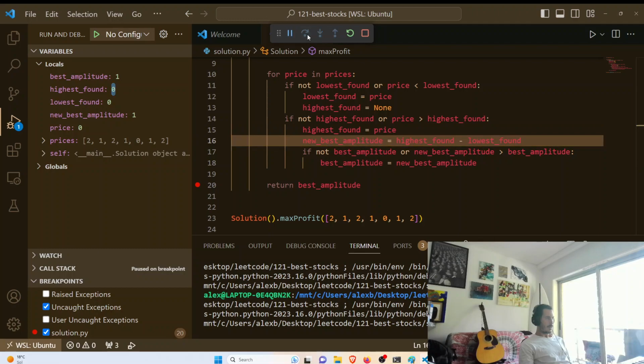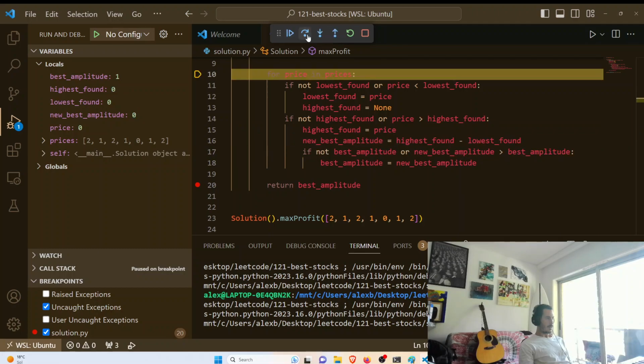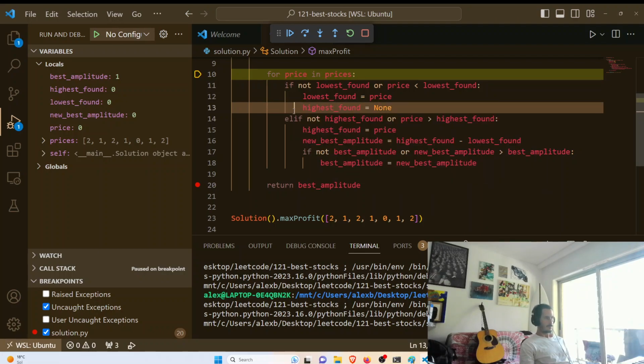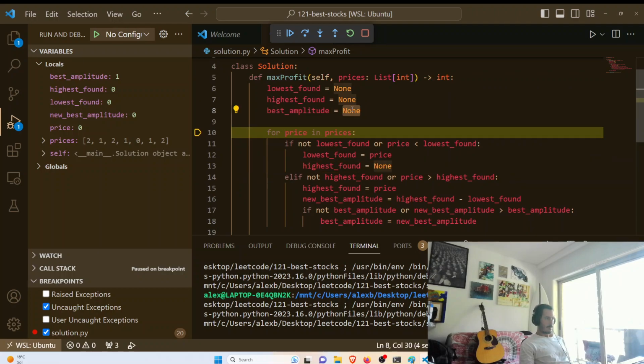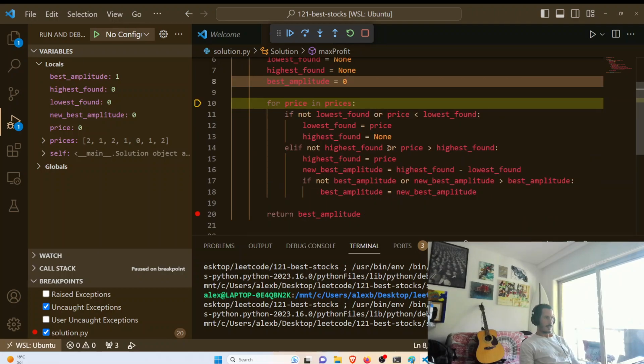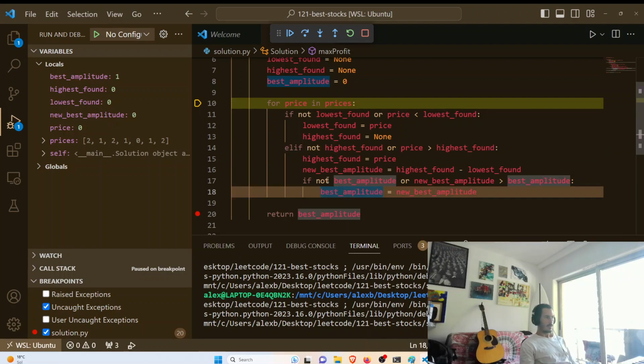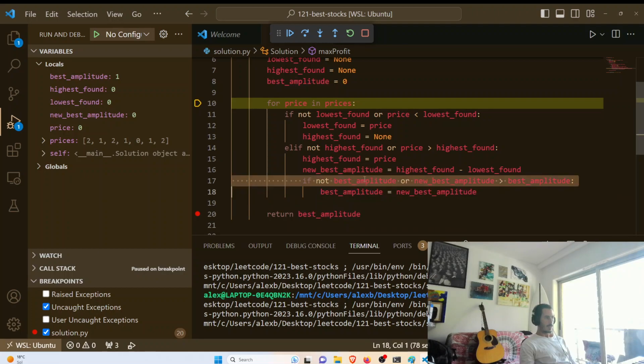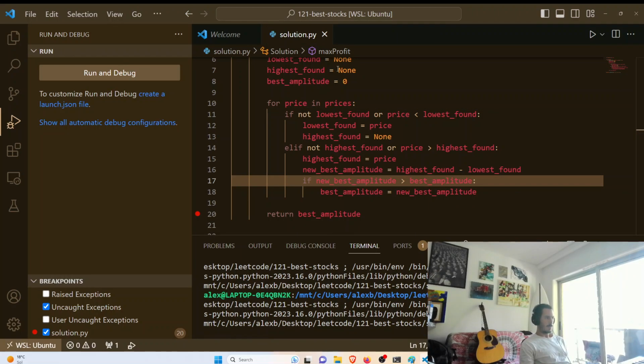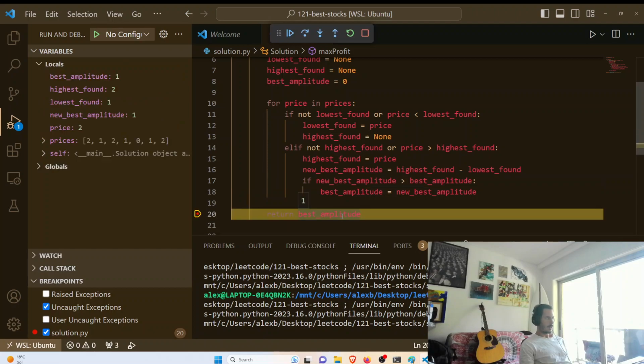I think I should just remove this. Let me just run past 1.